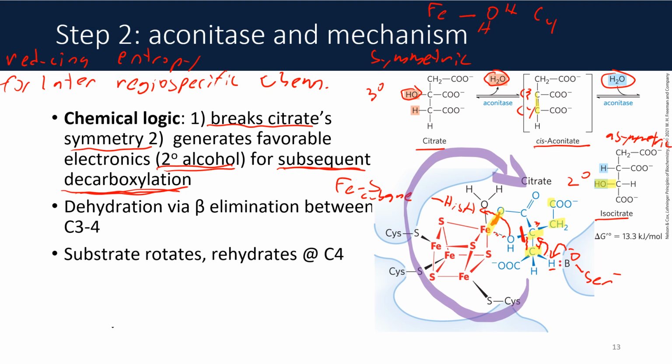The C4 is going to rotate above the C3. It's going to be double bound to C3, and nearby to the C3 is going to be our general base, which is going to be a protonated serine, but we'll just call it HB for now.